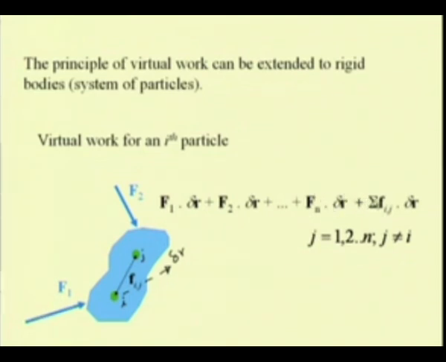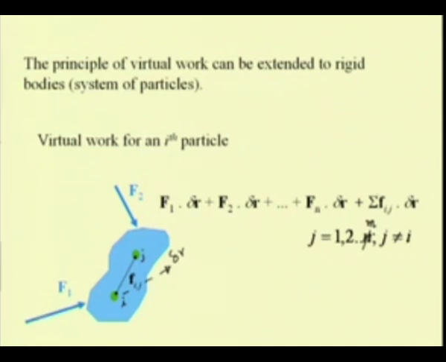and then we write the work done by the internal forces. So, here we have this force Fij, which is the force of the jth particle on the ith, and we write the work done by all such forces as sigma Fij dot delta r, where j moves from 1 to say some quantity m, where there are m such particles constituting the rigid body.